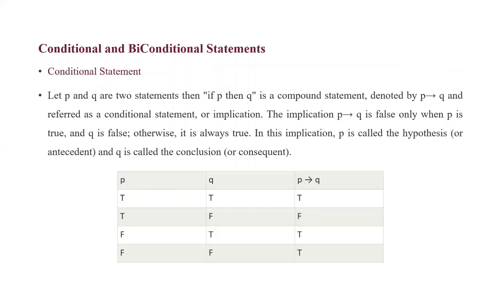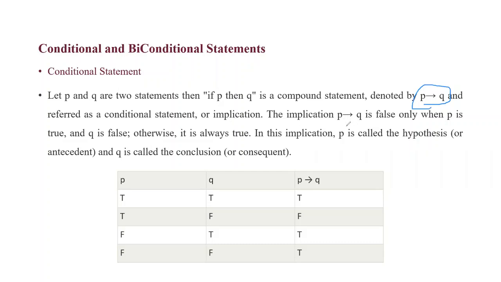Conditional and biconditional statements. Let P and Q be two statements. If P then Q is a compound statement denoted by this symbol, and referred to as a conditional statement or an implication.